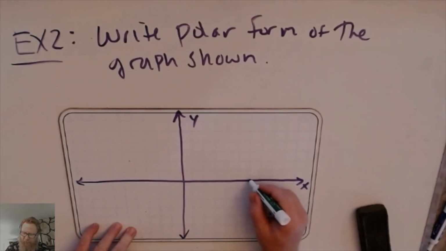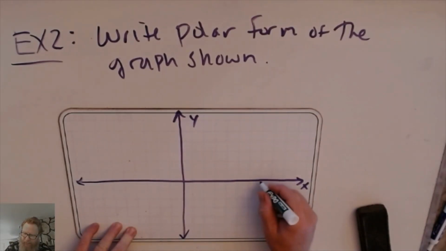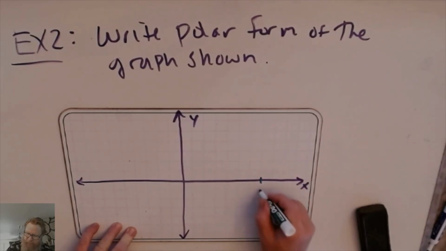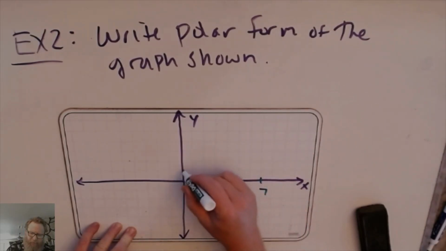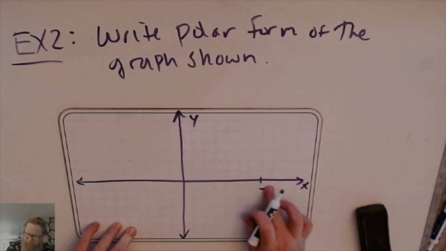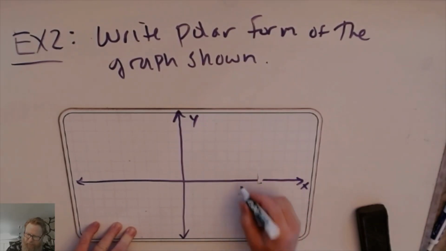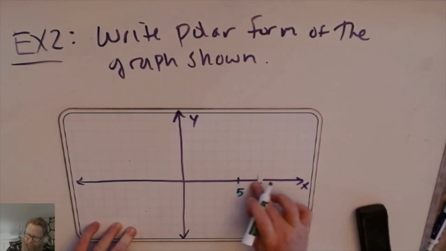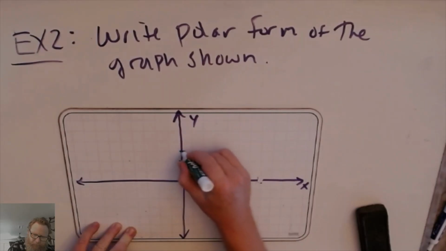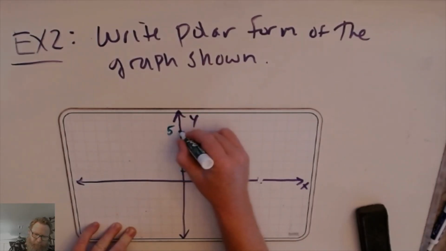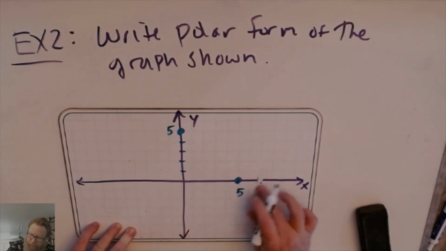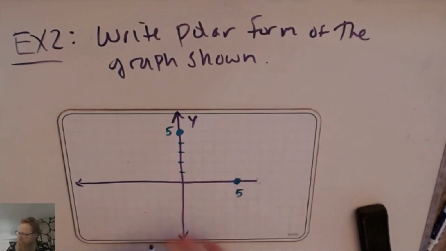It's a circle of radius 7. 2, 3, 4. Actually, I changed my mind. My board's not big enough to go to 7. We'll go to 5. I bit off a little more than I could chew there.